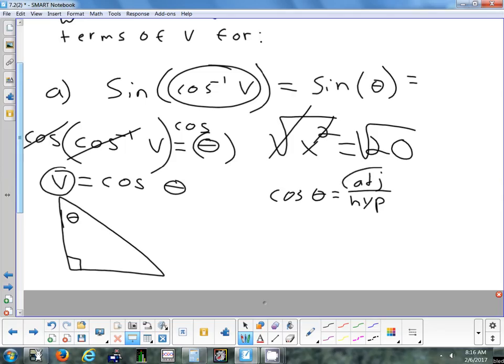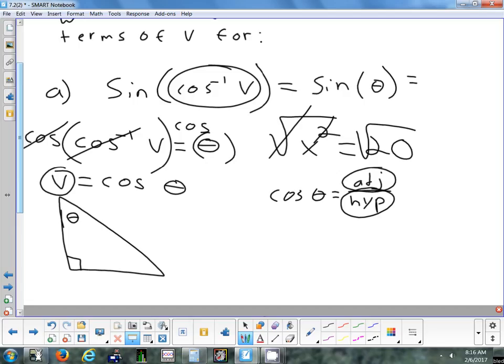So pick something for the adjacent, pick something for the hypotenuse, but you have to pick two things so that when you divide them, you get v, because that's what it has to come out to. So what could I pick for the adjacent side, and what could I pick for the hypotenuse, so that when I divide them, the cosine comes out to v?